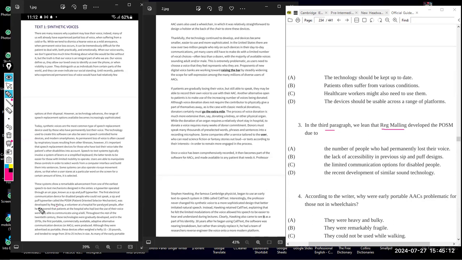After, he discovered that patients at the hospital who had lost the use of their voice were only able to communicate using a bell. That's amazing. So this is the meaning of limited choices about communication options for disabled people.